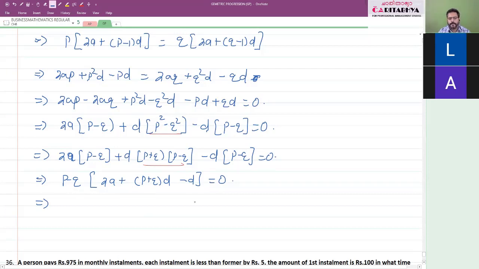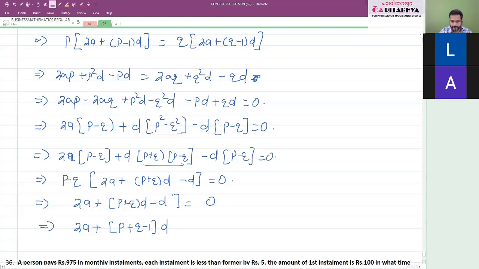Cross multiplying, P minus Q going to the other side gives 0. So 2A plus P plus Q into D minus D equal to 0. Rewriting: 2A plus P plus Q minus 1 into D.